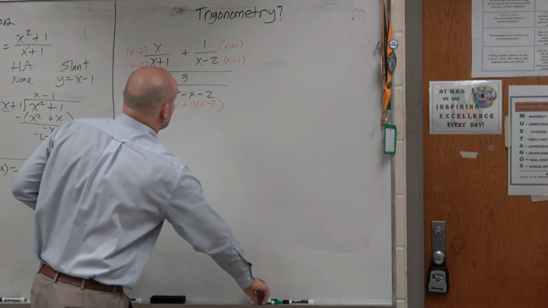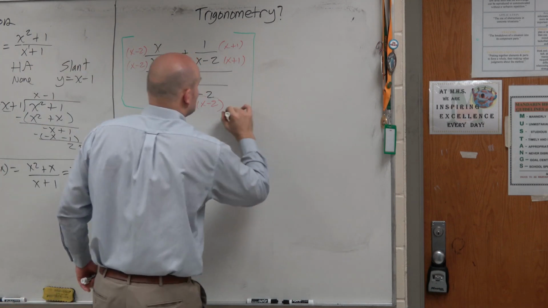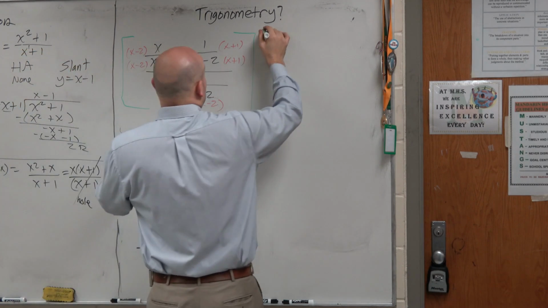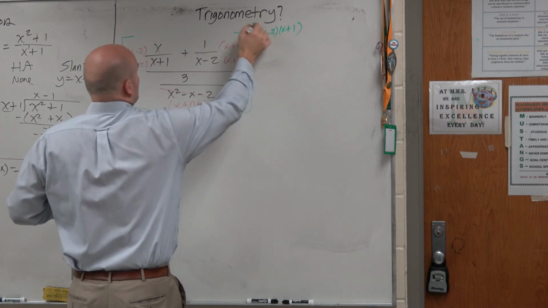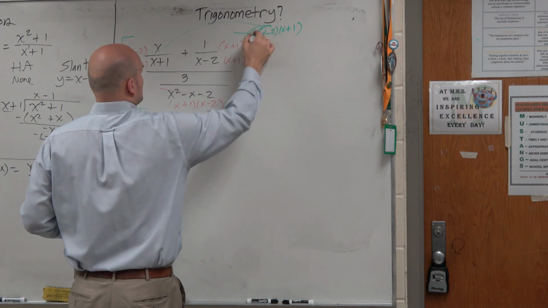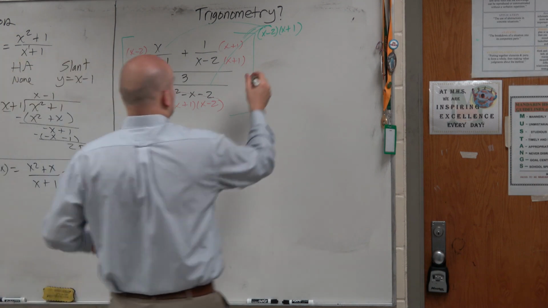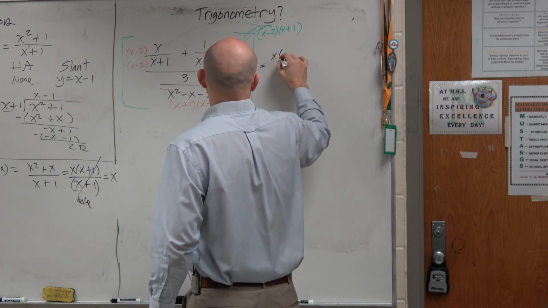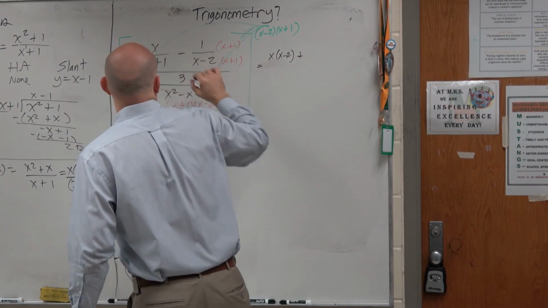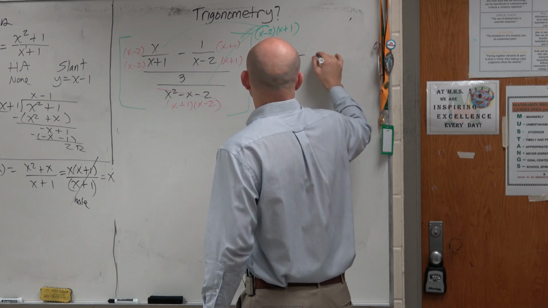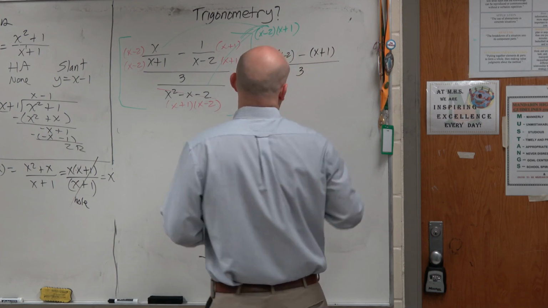So what I explained to you is the reason why that works is because once you get common denominators, now you can multiply everything times x minus 2 times x plus 1. And when you do that, the denominators all get divided out, and you're just left with x times x minus 2 plus, let's change this to a minus, minus an x plus 1 all over 3.